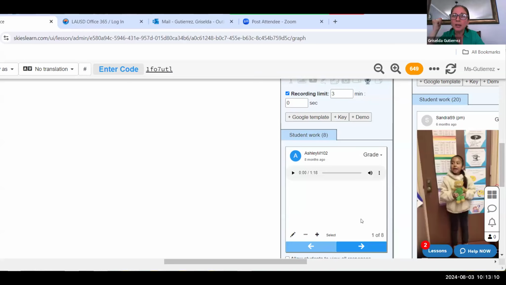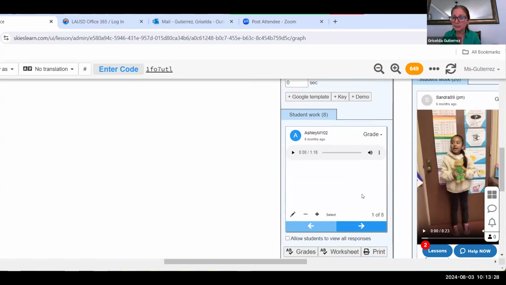Because they were in partners, it could only be 1 iPad. So the trick was, you have to find a partner that has an iPad. If you don't have an iPad, your partner has to have one, because you're going to be recording each other. So they did that. They paired up and recorded their conversations.